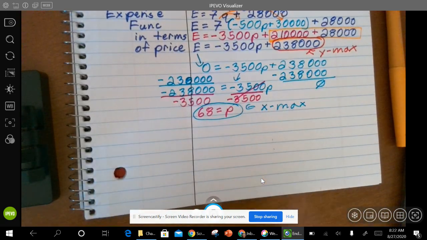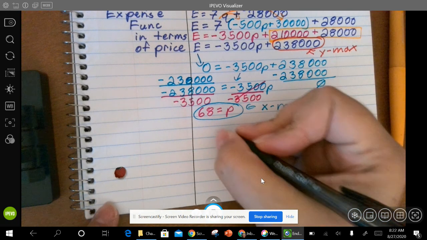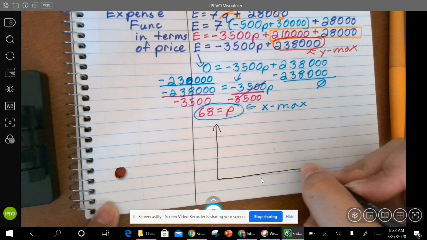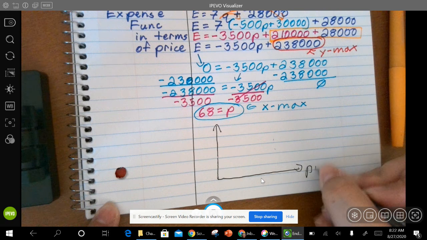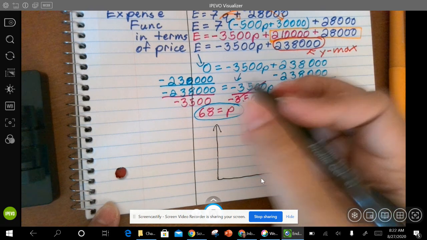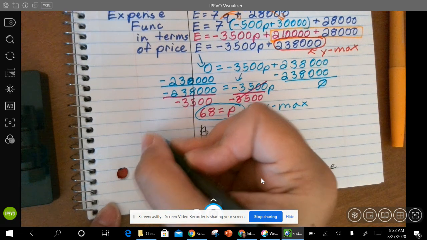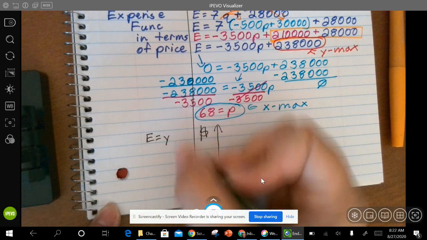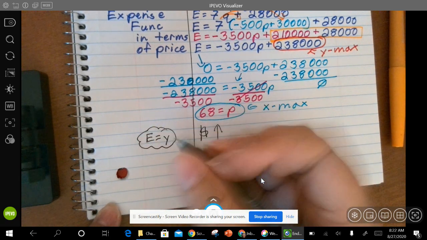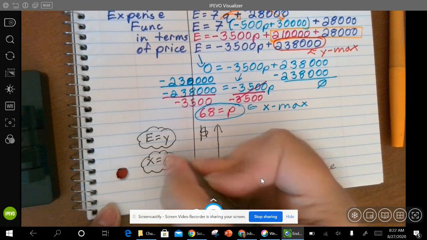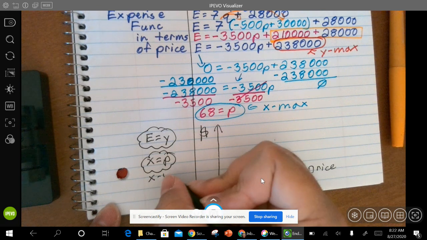Now we're ready to sketch our graph, because we have our X and Y intercepts. Price is on the x-axis, and the money is going to be on the y-axis. Remember that E is our Y value, and our X value is the price.